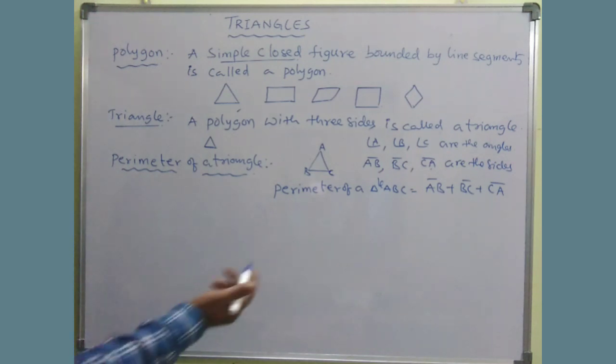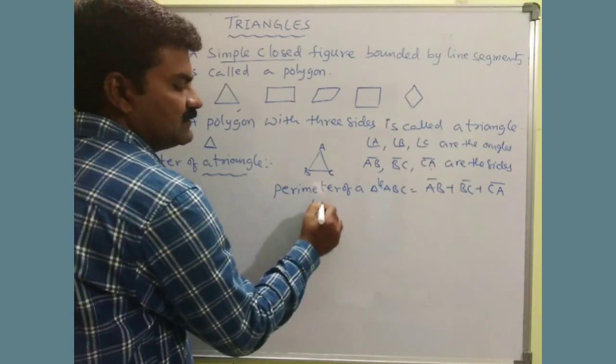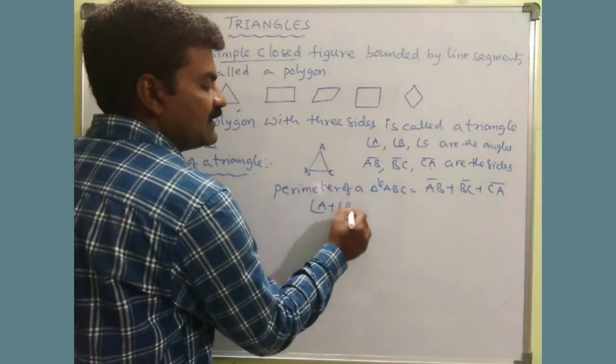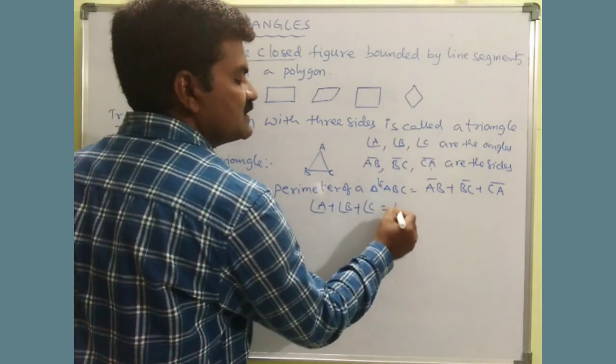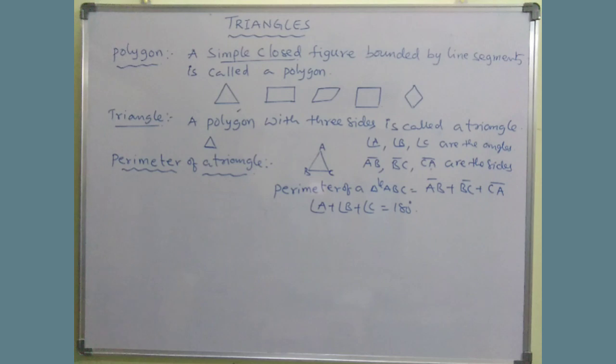And everybody knows that the sum of the angles in a triangle, that is angle A plus angle B plus angle C, is equal to 180 degrees. Sum of the angles of a triangle is equal to 180 degrees. Right, children?